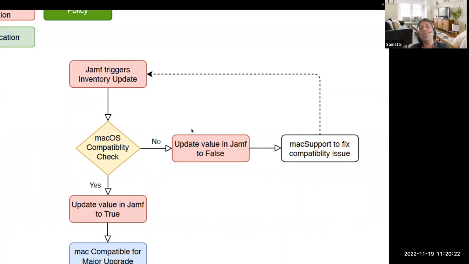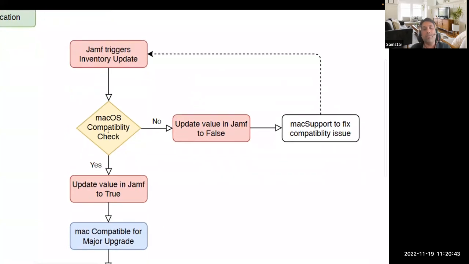If the hardware is not compatible as per the requirement from Apple, the device will be eligible for a refresh. We cannot do anything. But if it is something else, like a disk space issue or any other issue, the support team will fix the issue. After the next inventory cycle, the compatibility check will run and come back with a yes value.